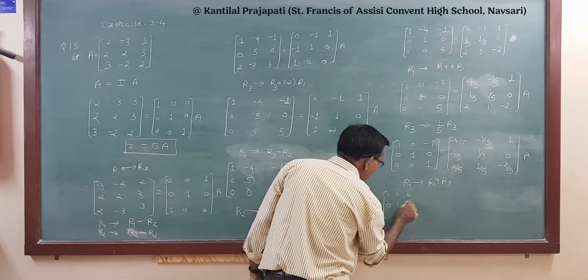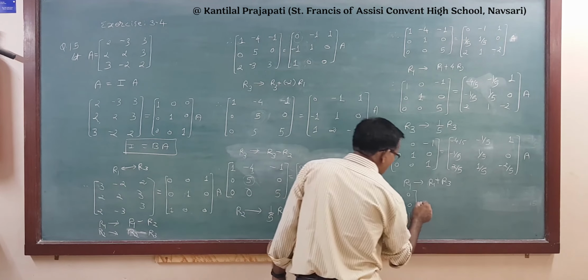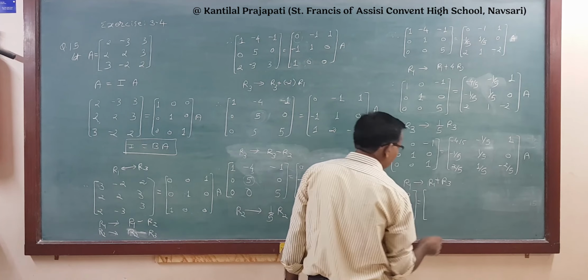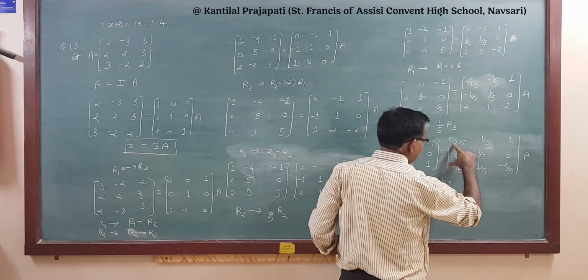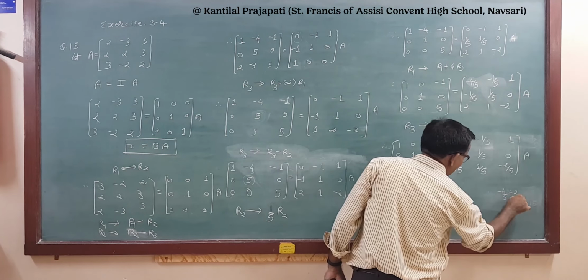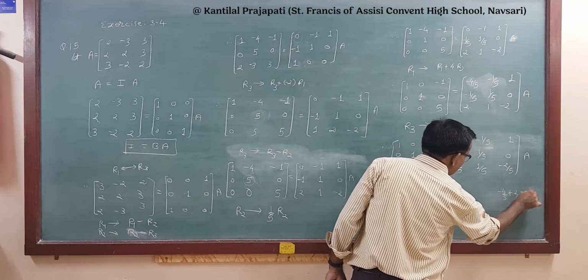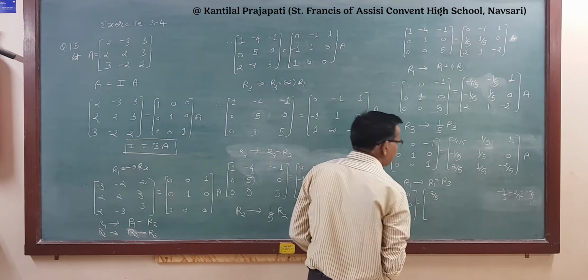The second row and third row are 0, 0, 1. Right? Here, the first element. The direct addition of this minus 4 by 5 plus 2 by 5. So what is it? Minus 2 upon 5. So we write minus 2 upon 5.